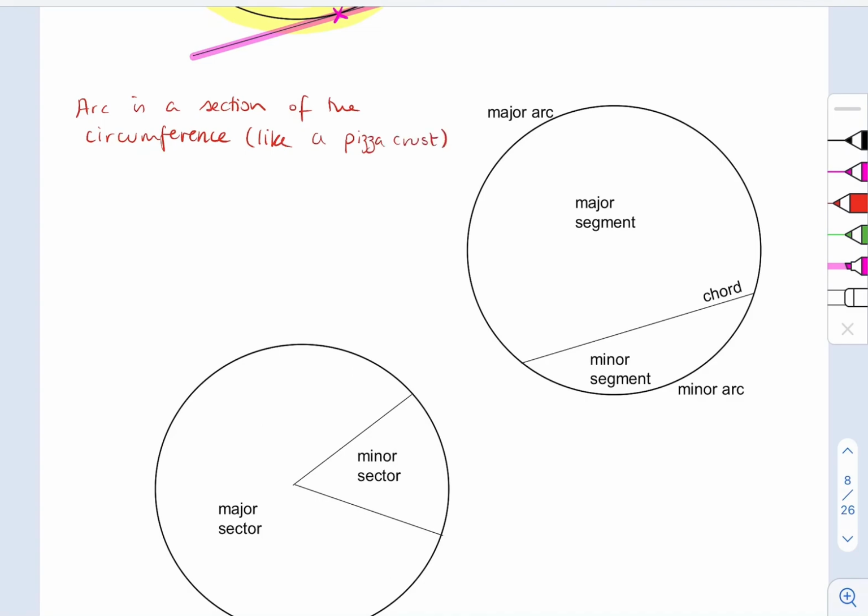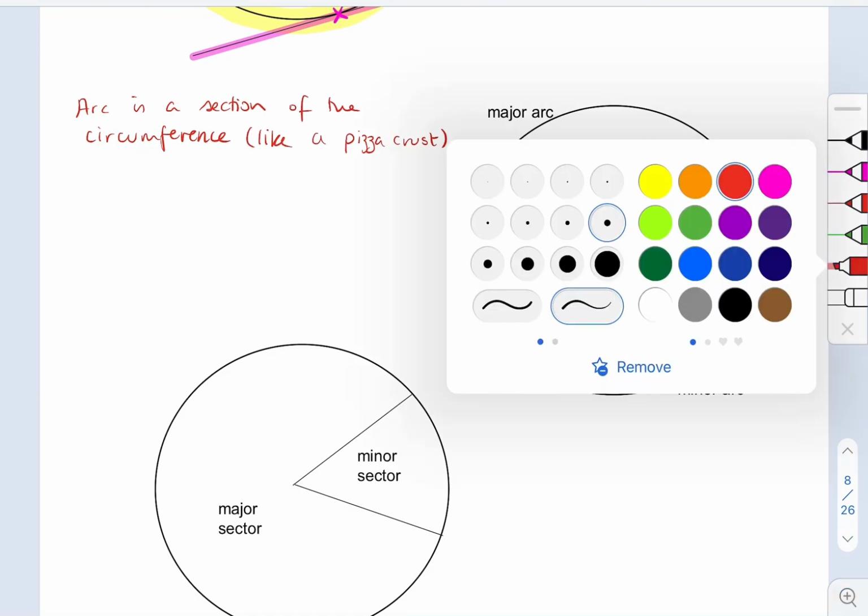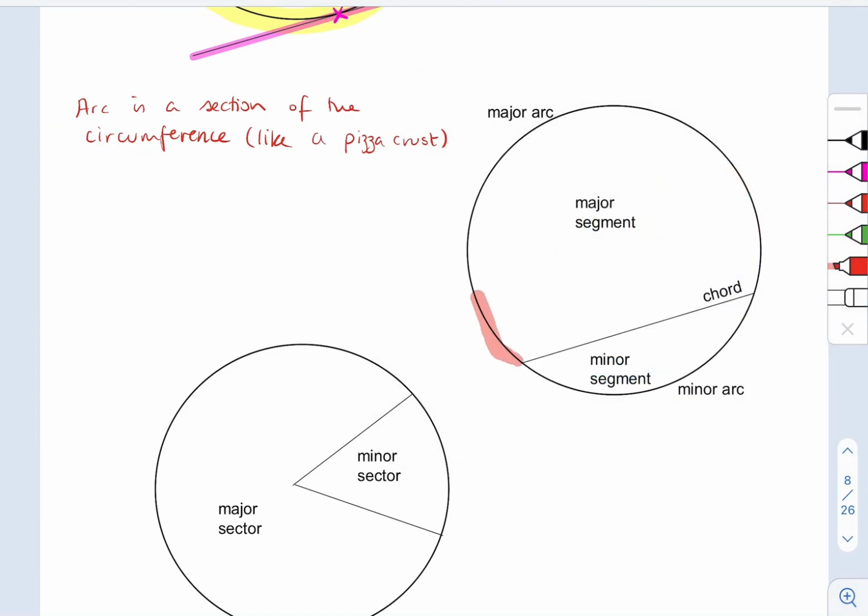So in this particular drawing, you have 2 arcs. You have a major arc and you have a minor arc. The only difference between them is that the major one's the bigger one of the 2. So it's a major arc and this is the minor arc. So an arc is basically a small section of the circumference.